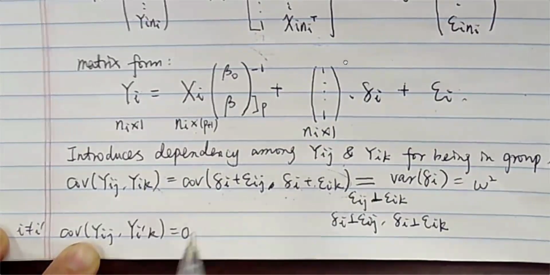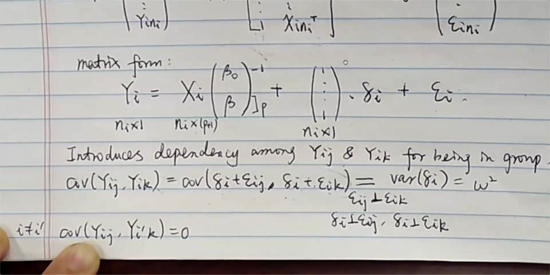Is it generally true that covariance of A plus B, A plus C is equal to zero? No, you need to have independence between A and B, A and C, and B and C. You need to have those.